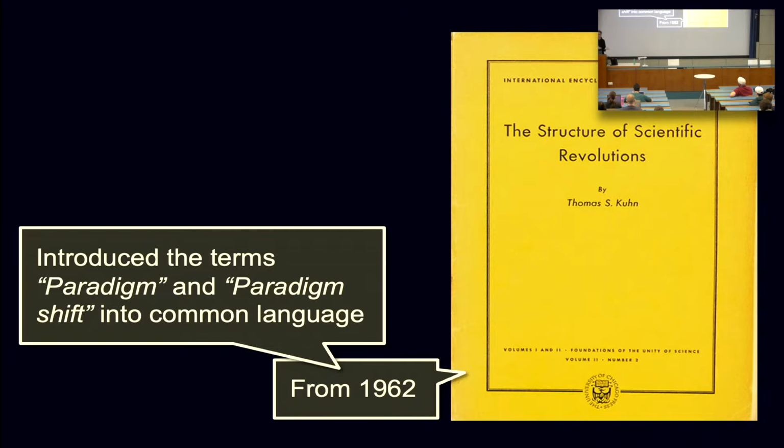The word paradigm existed before in the English language, but the notion most people associate with a scientific paradigm was introduced by this book. It talks about the history of scientific innovation, where new ideas and different models of how the world works are in conflict, and the tension, but also the excitement, that creates.